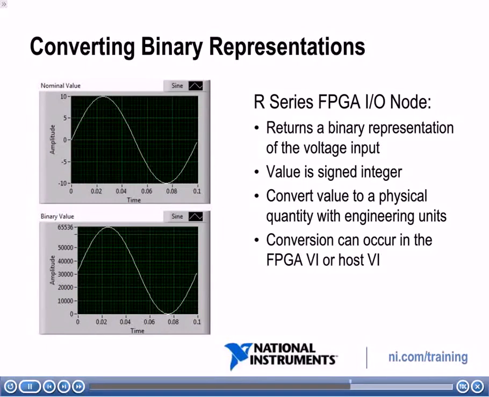If we want to convert 0 to 65,000 into something like engineering units, for example, negative 10 volts to 10 volts, then we would need to do some sort of conversion. You can either do this conversion on the FPGA VI, or you could also send it to the host and have the host handle converting that binary representation into an engineering value.